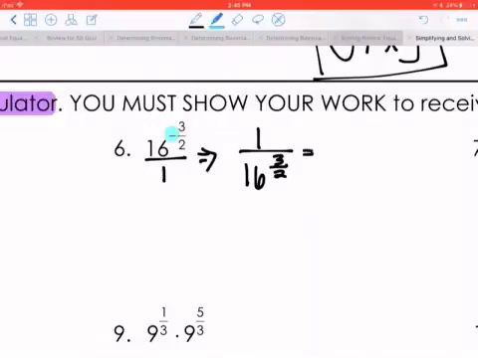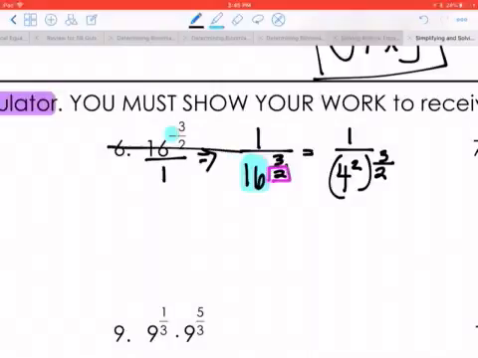So now we can rewrite 16 to a smaller base. So we want to get this base. We want to get something to the second power. So we can rewrite that as 4 squared. And you know, I'm giving you the exponents on the board so you can look at that. Times 3/2. Well, same thing here.